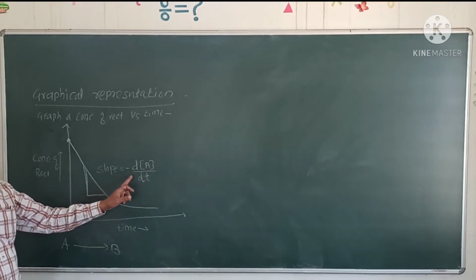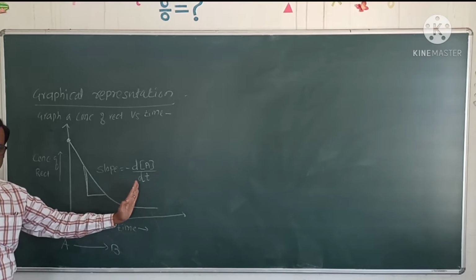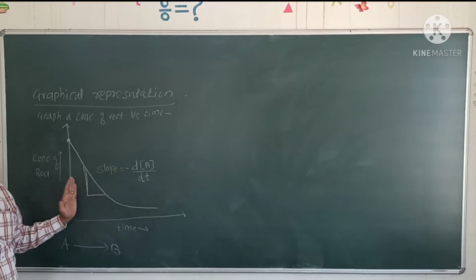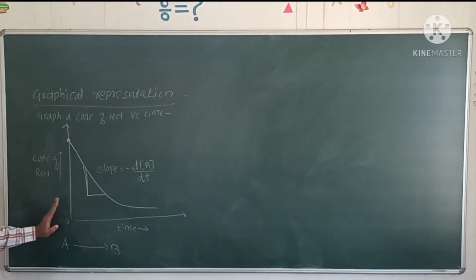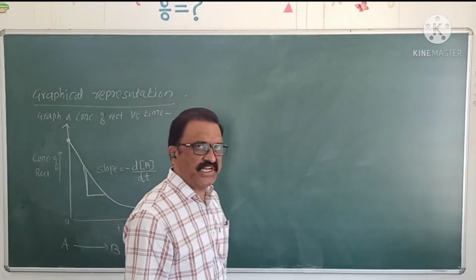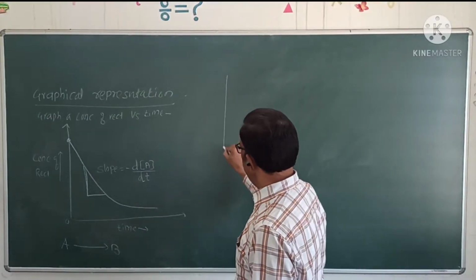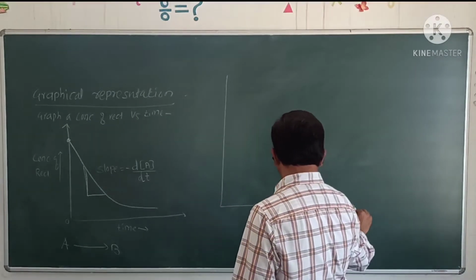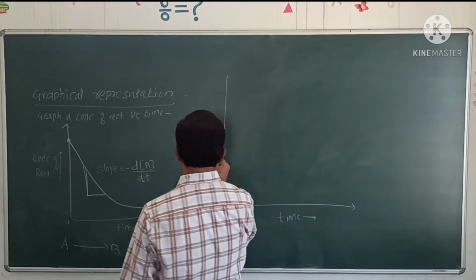That is, minus del concentration of reactant divided by del t is equal to the slope of the curve. This is the graphical representation of instantaneous rate when we plot the graph of the concentration of reactant versus time.